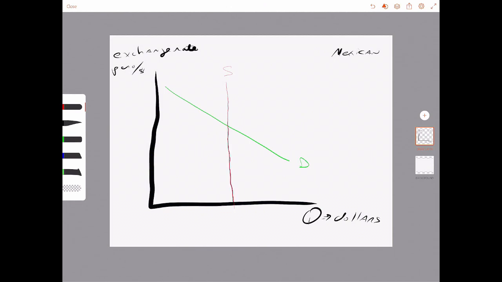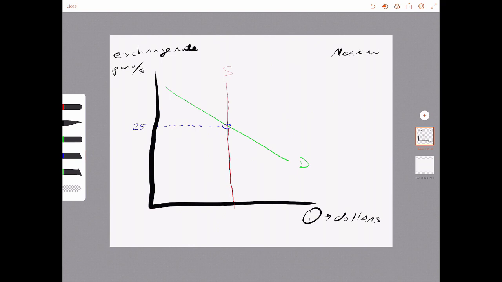It happens outside the market. So here is our exchange rate. How many pesos per dollar? Well, as we saw earlier, it's 25 pesos per dollar. That's how many pesos you would have to buy a dollar.